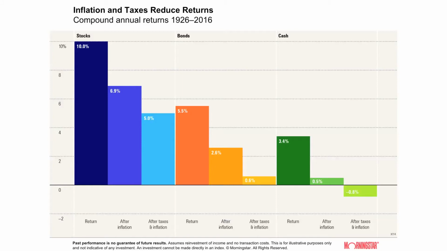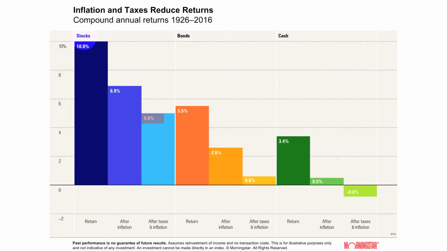The first is stocks, and as you can see, from 1926 through the end of 2016, which is 90 years, stocks have returned around 10%. When we take out inflation, the return drops to 6.9%, and when we factor in taxes and inflation, the return drops down to 5%.